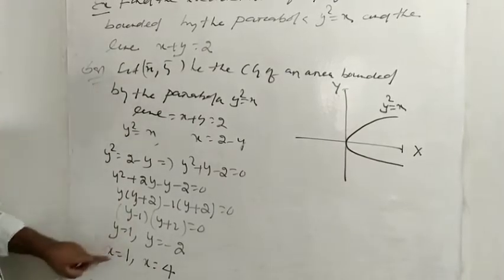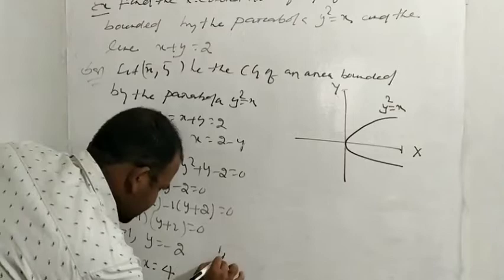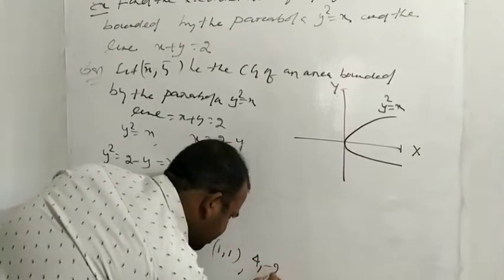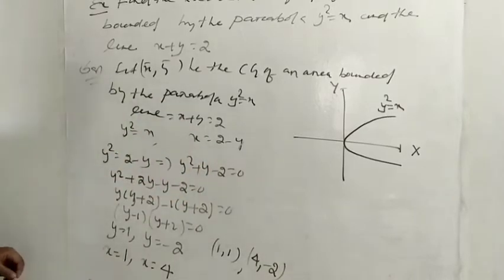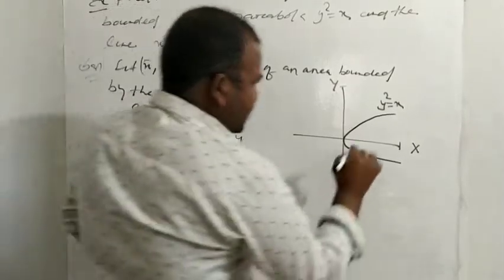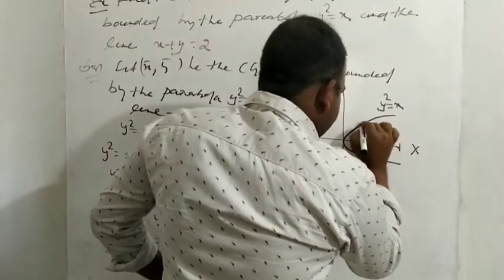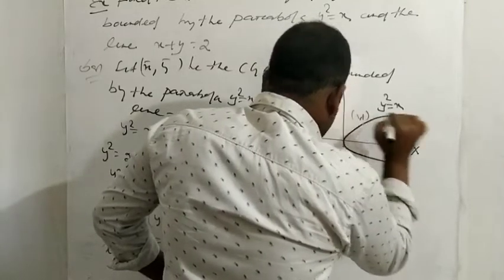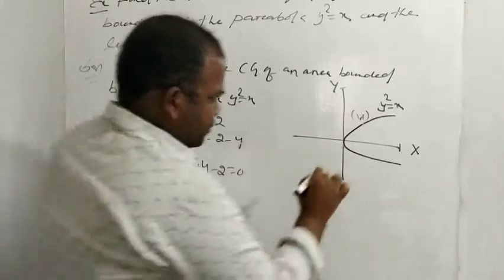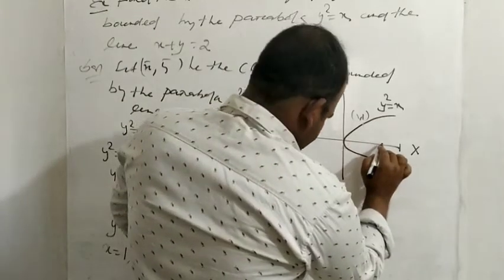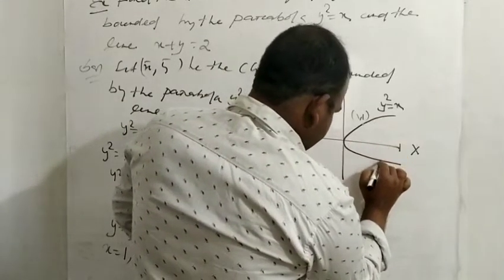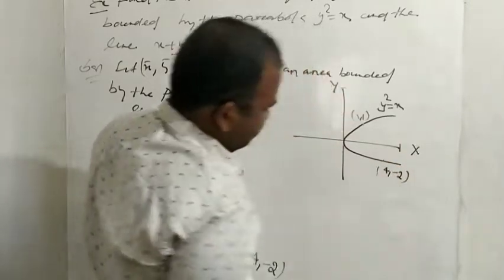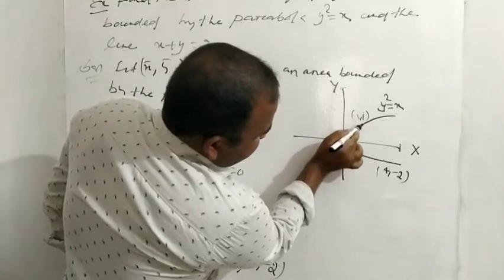So the points x comma y are 1 comma 1 and 4 comma minus 2. This is the point 1 comma 1, and this is the point 4 comma minus 2. Let us mark the points correctly on the diagram.